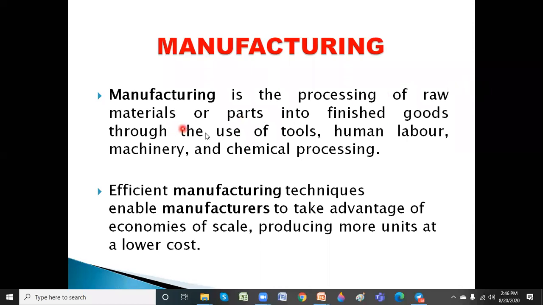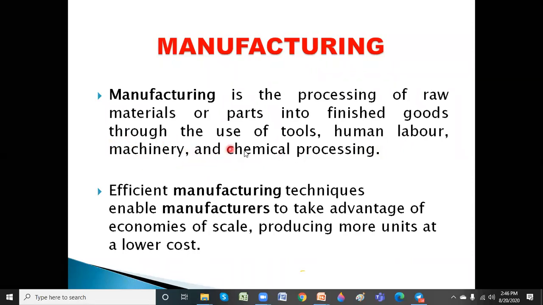Now, how can I convert the raw material into a finished product? Obviously, I must have a tool to shape the metal, whatever the raw material may be. Then I must have a human or a person who will operate the machine. Obviously, you need machinery. That's a basic thing.